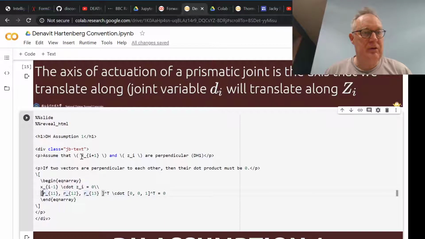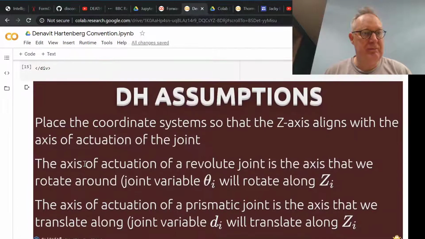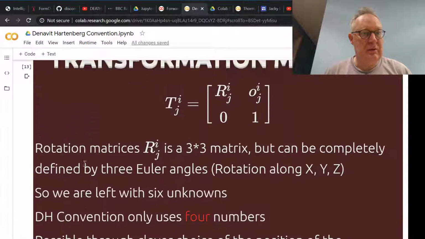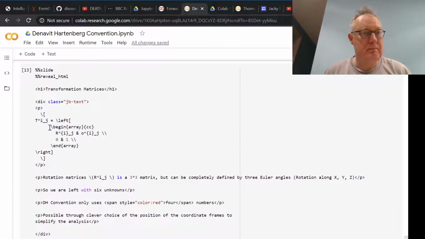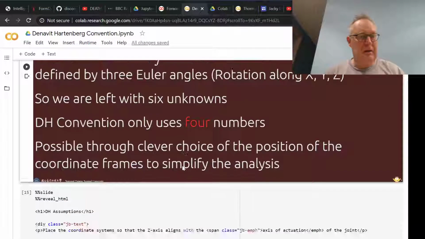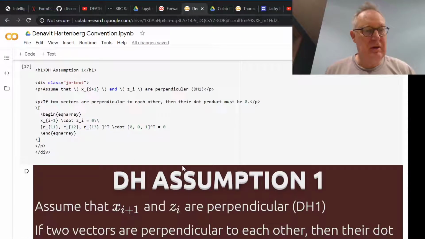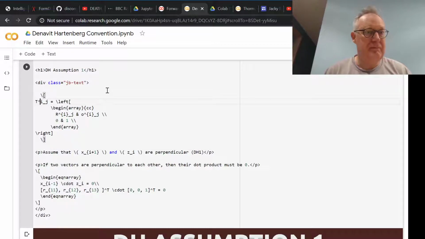And because the rotation of x, if I write out the transformation matrix, here I can write this as the transformation matrix again in extended form.